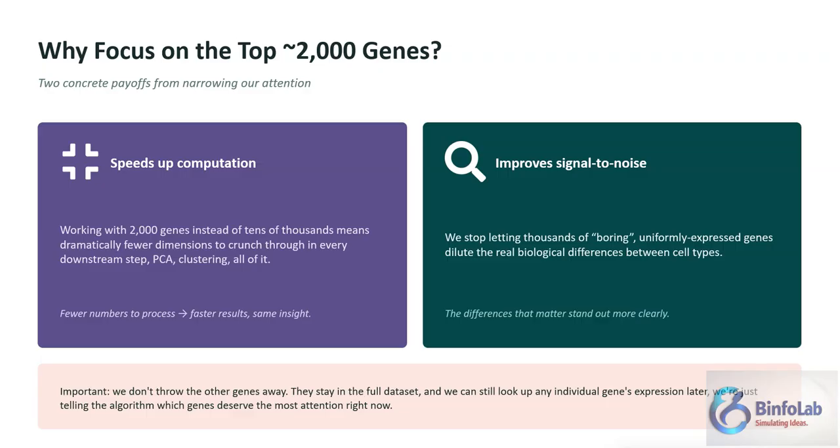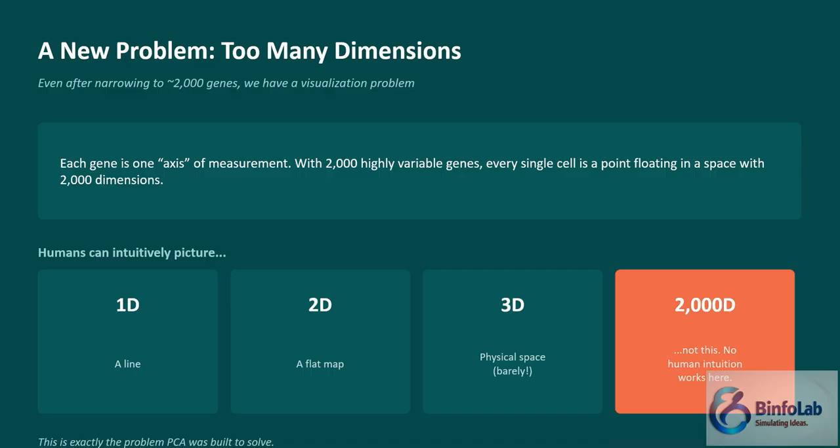Right now we are looking for highly variable genes. That's why we are telling the algorithm to skip those 8 or 6,000 and focus on these 1,000 or 2,000 genes. That's the exact point I wanted to make.